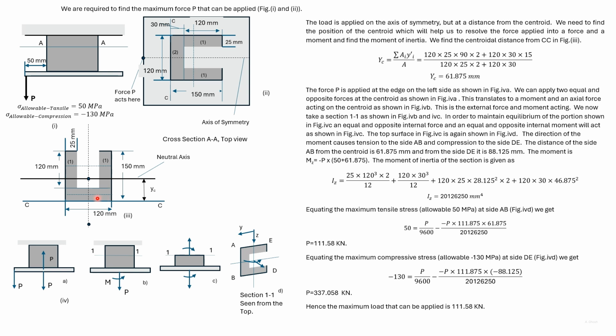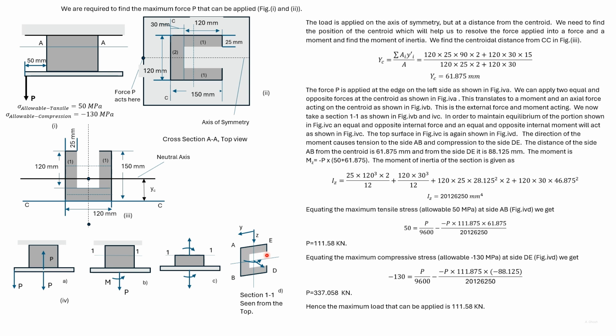So now we have a tensile force acting on the centroid as well as a moment. Let us take a section 1-1 of the structure and consider equilibrium of this portion. Then at section 1-1 there will be a tensile force as well as a moment acting as shown.